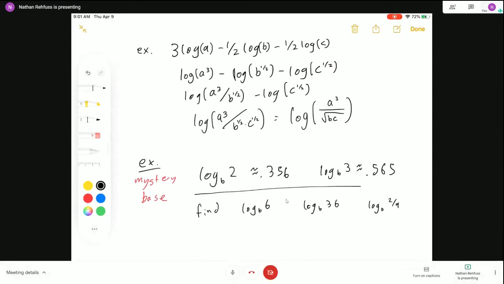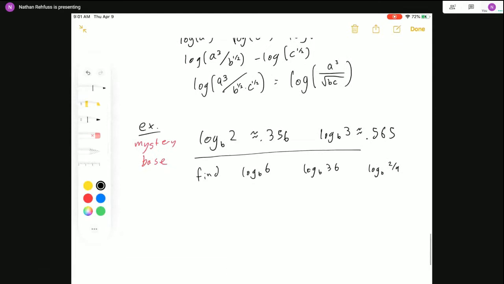So we know some values of the logs, and we're supposed to find other values of logs from them. And the way we're going to do that is by using log properties to make these arguments out of our original arguments. So for example, for log base b of 6, and this is a 6, not a b.